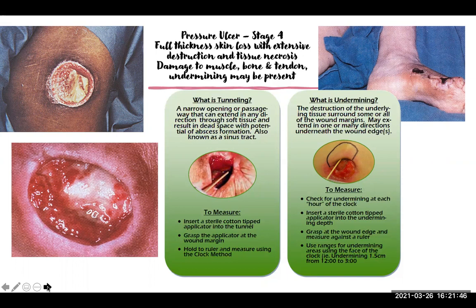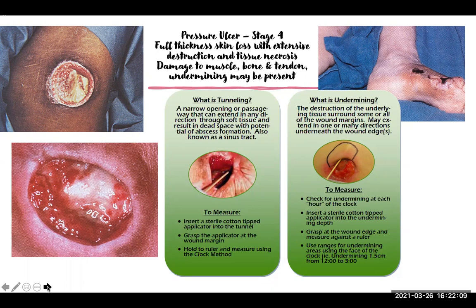And then there's tunneling, which is a different thing than undermining. Tunneling is like a sinus tract that's created, and it usually is formed from the result of dead space within a deep wound. Abscesses can form, and then sinus tracts will form.